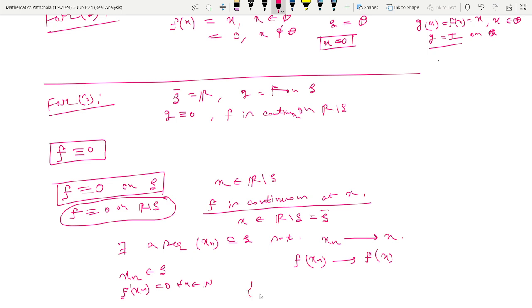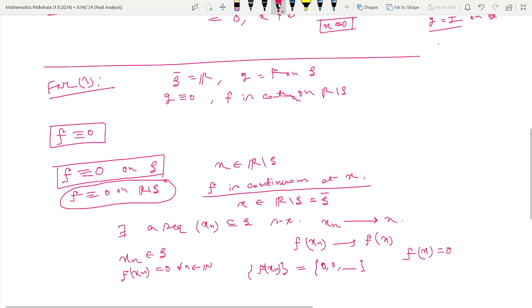So what about this sequence, this f(xn) sequence? This is simply a constant sequence, all terms are 0. So this must converge to 0, and as this f(xn) converges to f(x), we must have f(x) equal to 0. So what we get: we have taken an arbitrary point x belongs to R minus S, and we have f(x) equal to 0.